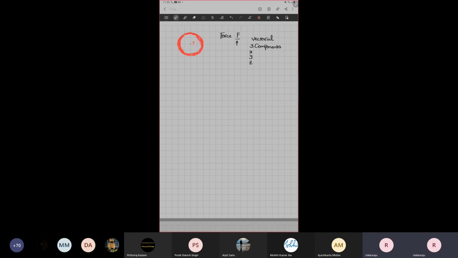If I am writing in a textbook, what people usually do, because they don't put an underline, is write it as a bold letter. These two notations are equivalent. This is bold F and this is underscore F. Both have the same meaning. Both are vectorial quantities.